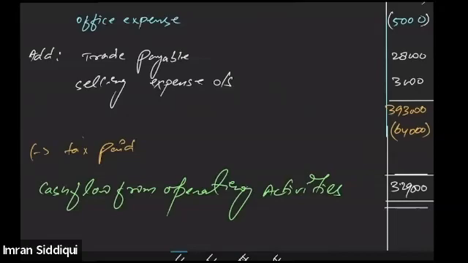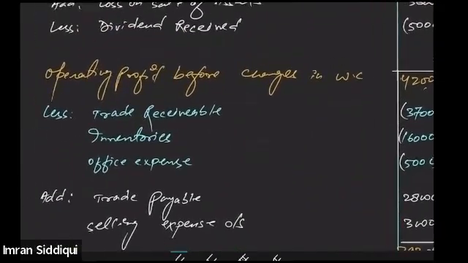Yes, sir. Sir, if we are going to subtract the tax in the end anyway, then why are we adding it in the beginning? Because there is a system that we need to follow, Alexander. We need to go as per the format.